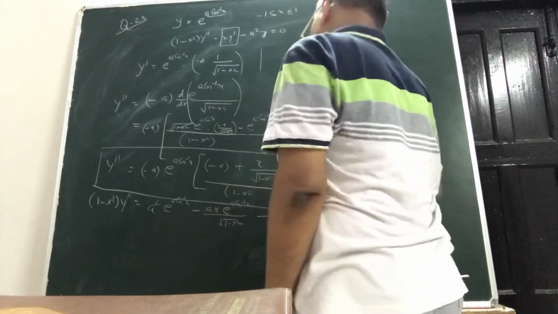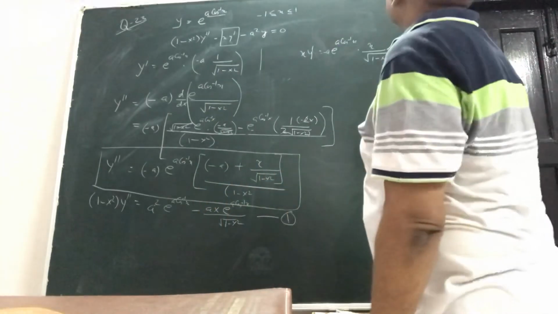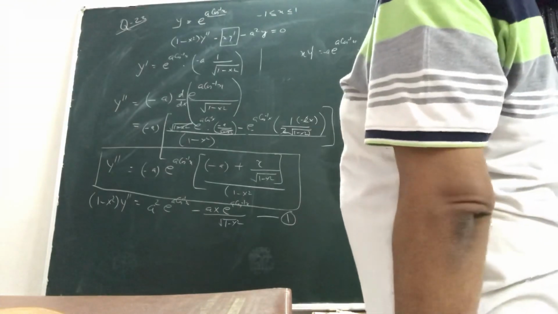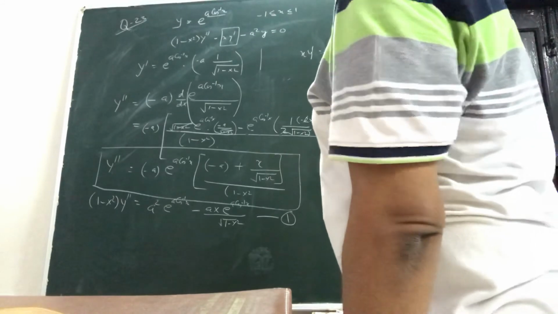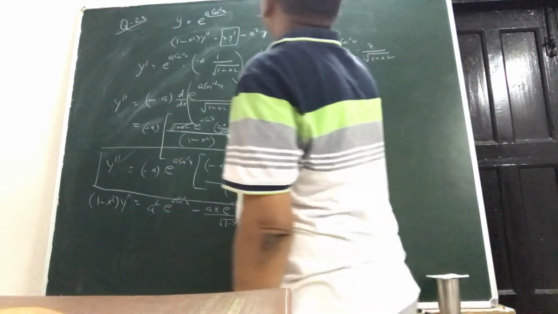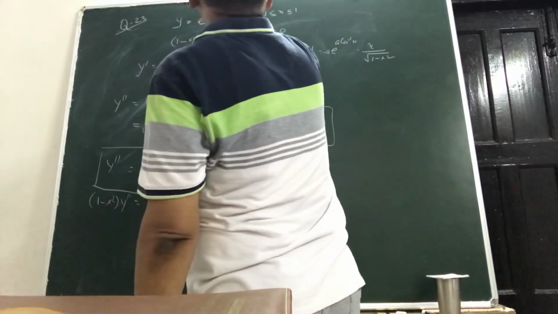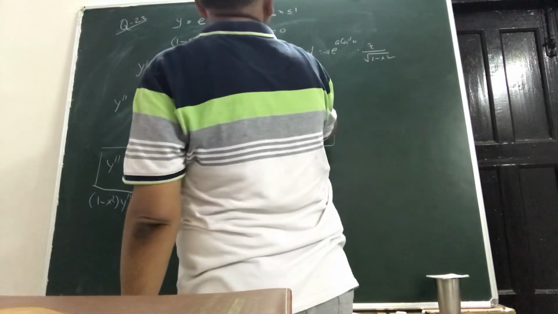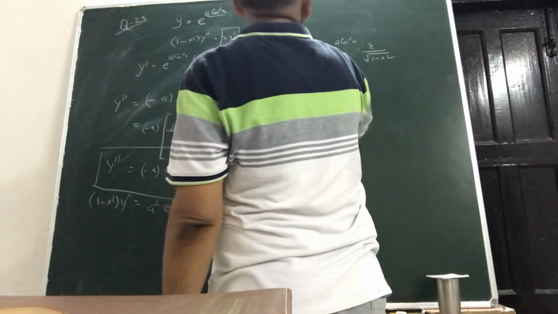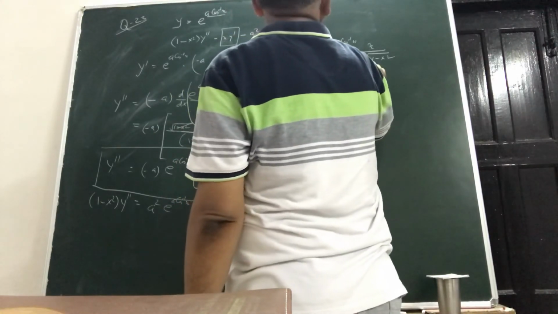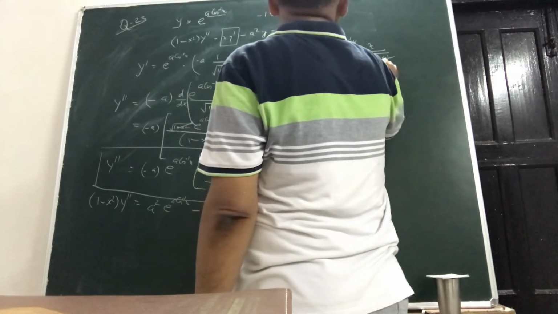Okay, let this be. ax, okay, yes, it's fine. It's very good. xy dash is this thing. So, okay, and a square y is how much? Yes, good. a square y is a square e to power a cos inverse x.